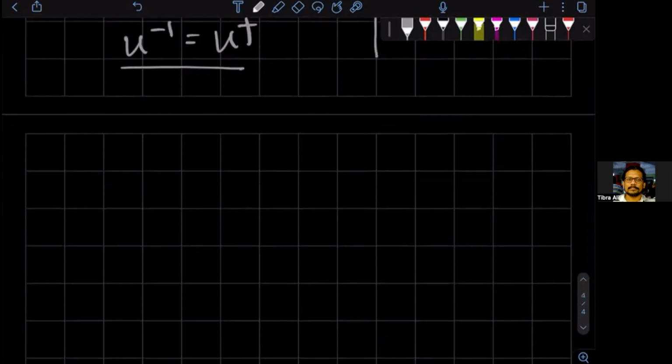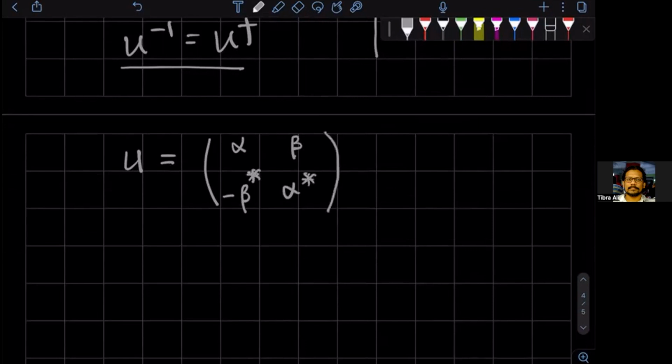Okay, if I do this, then I can whittle down the number of parameters from 8 to 4. So I can write U as alpha beta minus beta star alpha star.